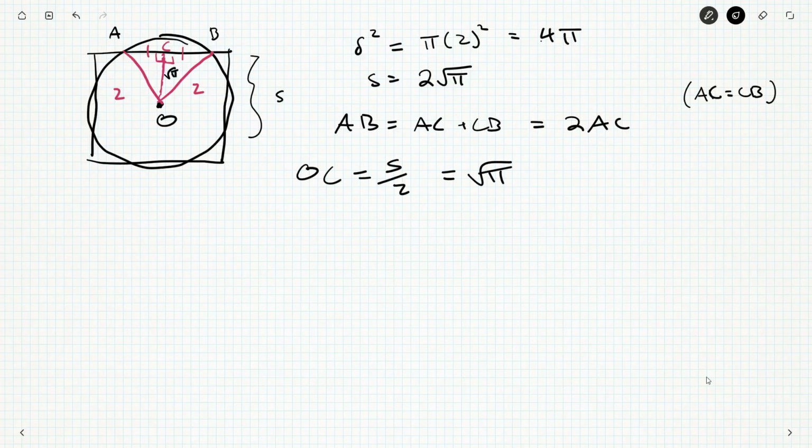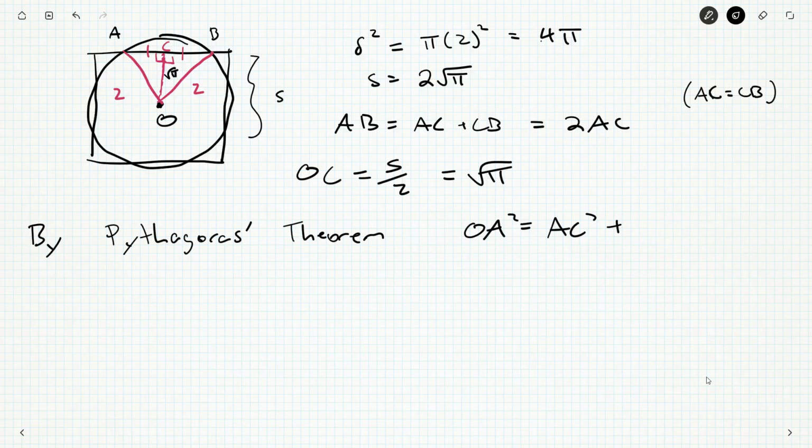Root pi in here. And by the Pythagorean theorem, we know that OA squared is AC squared plus OC squared. That's 2 squared is equal to AC squared plus root pi squared.